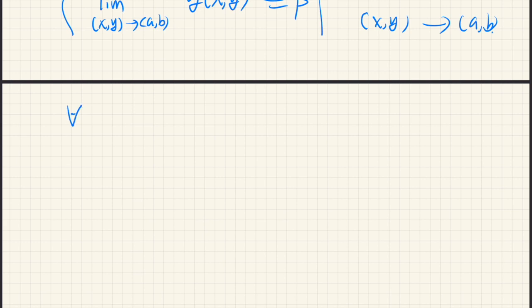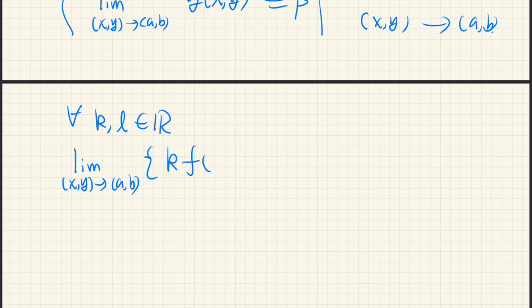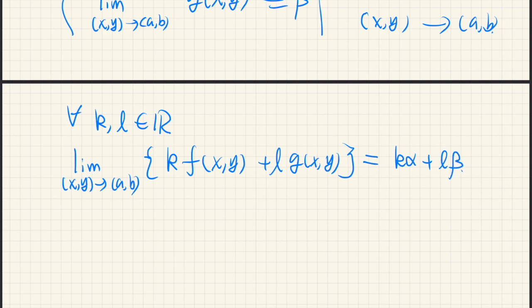properties. For any k, l that are real numbers, we have the limit as (x, y) approaches (a, b) of k times f of (x, y) plus l times g of (x, y). This converges to k alpha plus l beta.